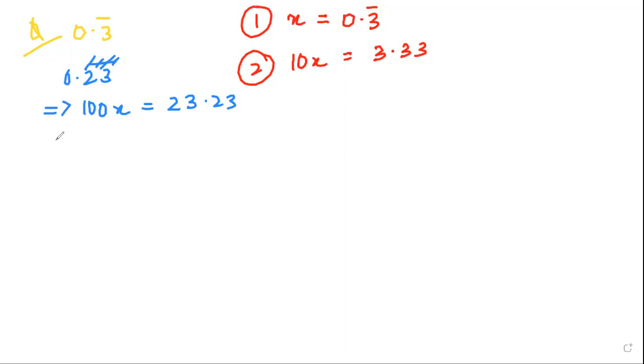For example, if I say 3125 where 125 has a bar, you will multiply it with 1000. Ma'am, 3125 has a bar.